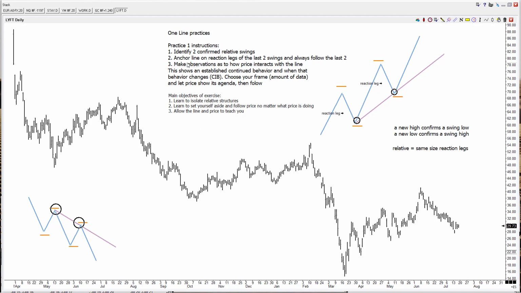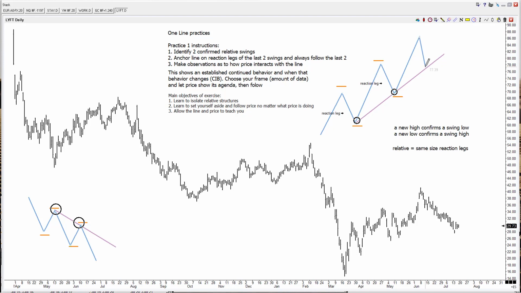All right. Now, rule 3 is the biggie. Make observations as to how price interacts with the line. This is where you want to be curious. Don't expect. If we can learn to be curious rather than expecting, we'll be better traders right off the bat. Learn to be curious. Once we expect, we get disappointed, we get our feelings hurt. Be curious. If and when price reaches this, be curious.